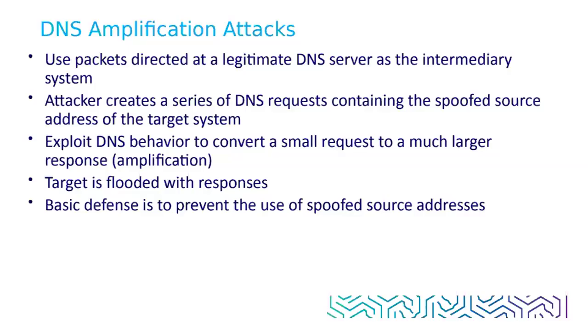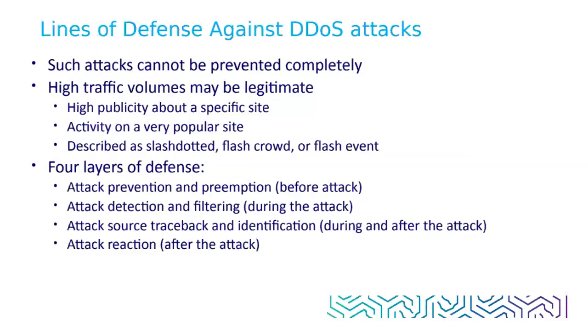So then, there are various lines of defense against DDoS attacks. See, distributed denial of service attacks cannot be completely prevented because high traffic volumes may be genuine during flash crowds, breaking news, or even major online events.